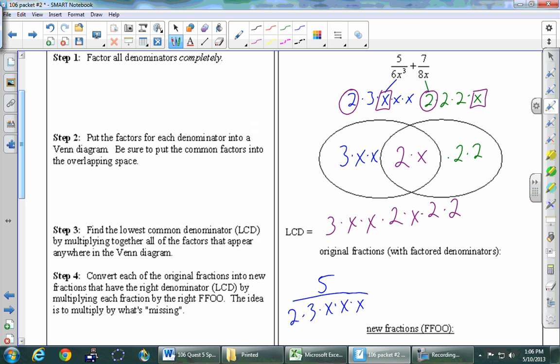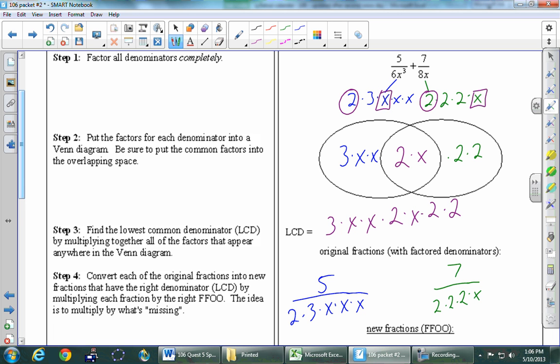And then the other fraction was 7 over 8x. We're writing that as 7 over what? Good. Thank you, Josh. 2 times 2 times x. So we've got our 2 fractions. Just rewrote them with the funny looking denominators.